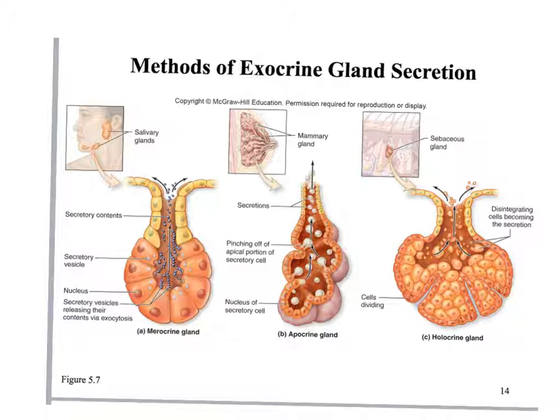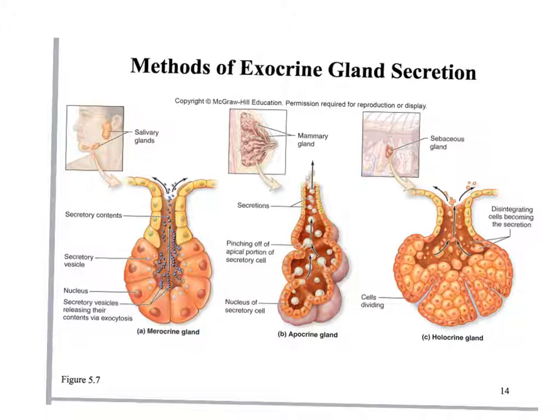The second one, the apocrine gland, there's a pinching off of the apical portion of the cell itself. So the secretion's a little bit different. It's not just by exocytosis. Part of the cell goes with it. It's broken down and it's released.